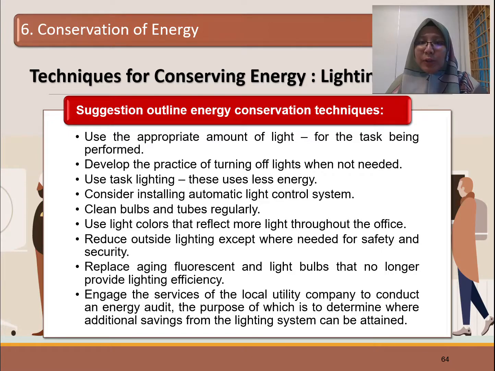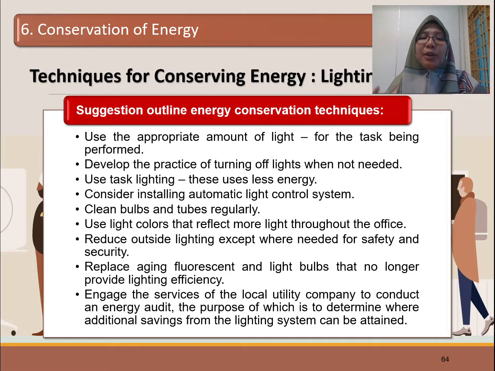The first suggestion is to use the appropriate amount of light for the task being performed. Next, you need to develop the practice of turning off lights when not needed. When we do not use them or we have completed our work, please make sure you switch off the light.